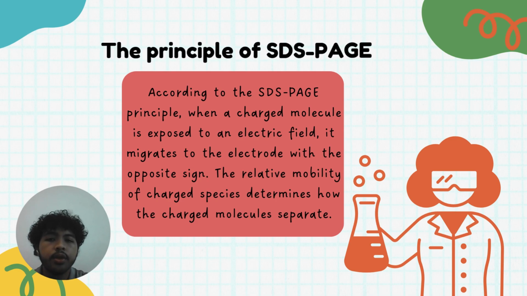Next, we will move to the principle of SDS-PAGE. According to the SDS-PAGE principle, when a charged molecule is exposed to an electric field, it migrates to the electrode with the opposite sign. The relative mobility of charged specimens determines how the charged molecule separates.